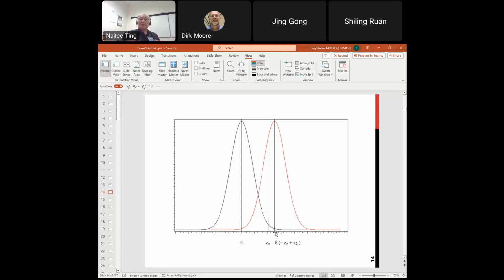Naitee, you said you want to get the sample size feasible, so you have to have a large delta. A drug that delivers a delta like this much is a wonderful drug. That delta on the right is fake. Well, I take it. Fine.